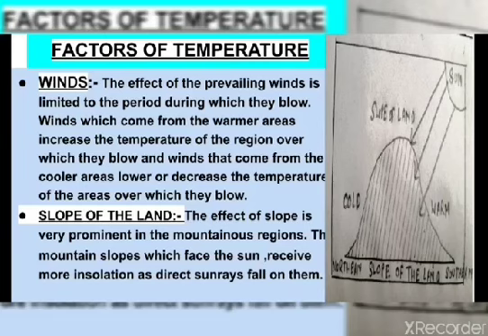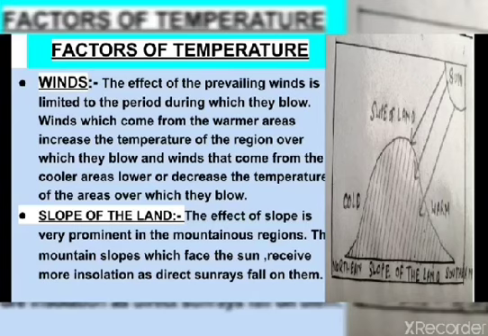For example, the warm dry Chinook winds, which is a local wind which blow from the Rocky Mountains, melt the snow over the prairies, while the cold winds which blow from the polar regions decrease the temperature in the northern parts of China. The next is slope of the land.